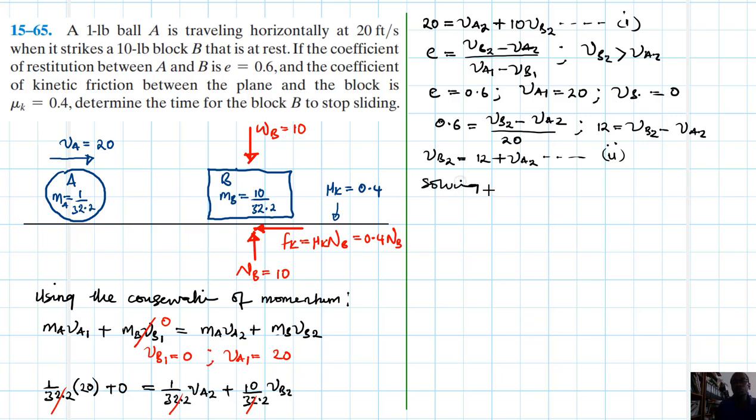Solving the two equations, we have 20 equals VA2 plus 10 times (12 plus VA2).